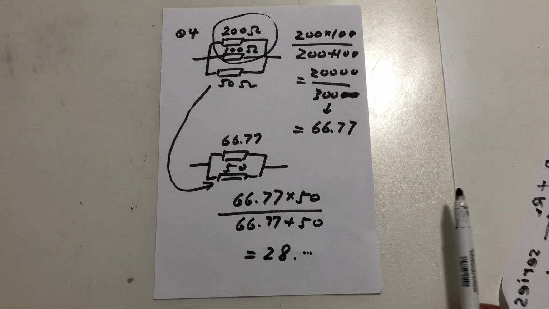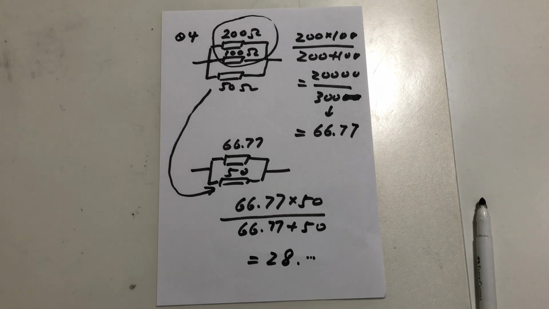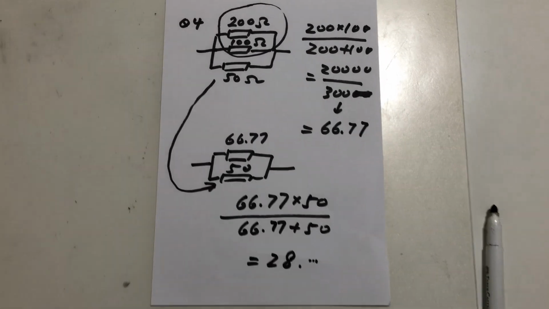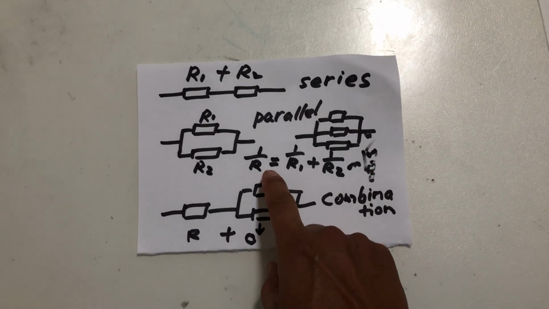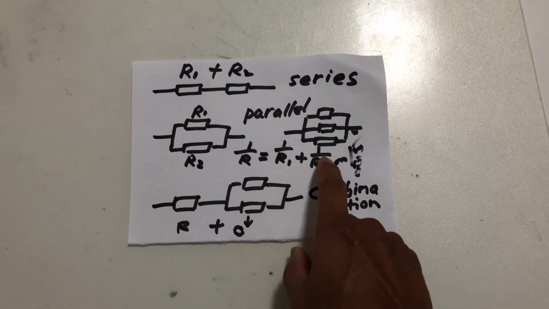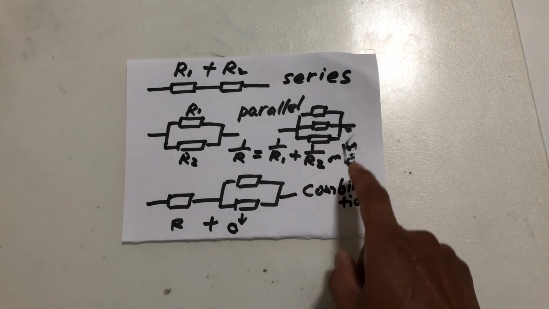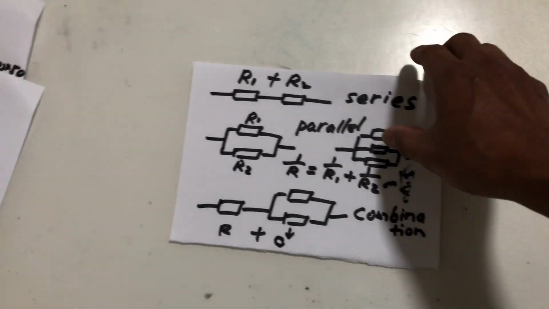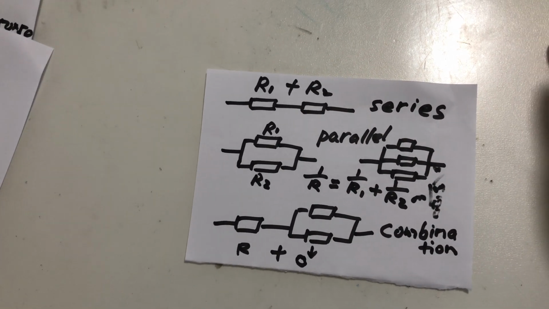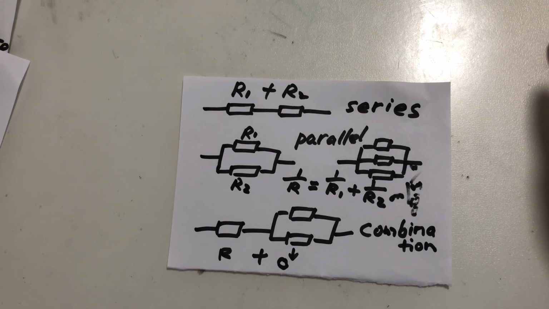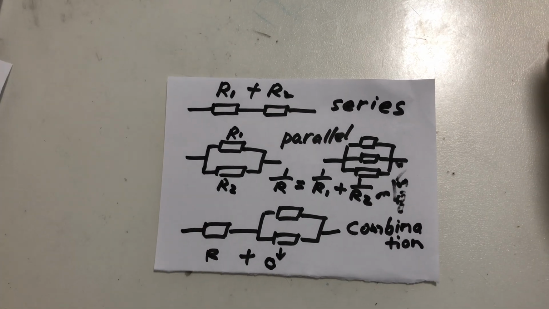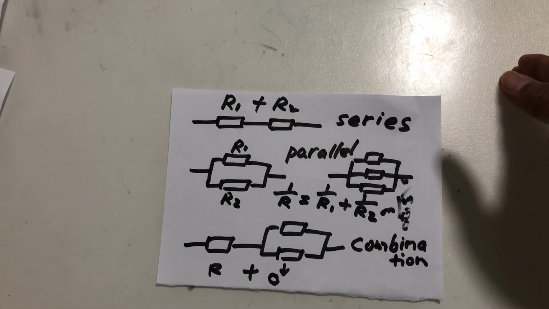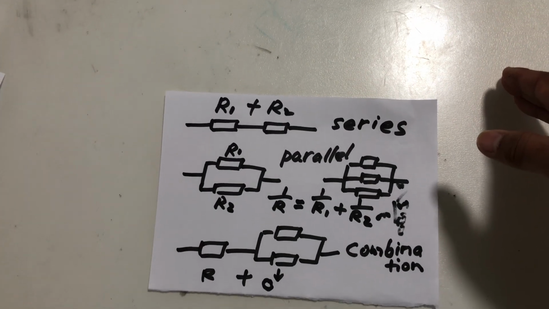If you understand how to do 1 over R equals 1 over R1 plus 1 over R2 plus 1 over R3, that's no problem. You don't need to worry about this explanation. Only for those people who have no idea, I tell you the first number times the second number, divided by the sum of the first number and the second number, for the parallel.